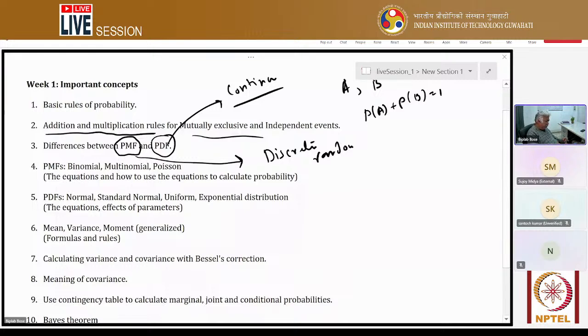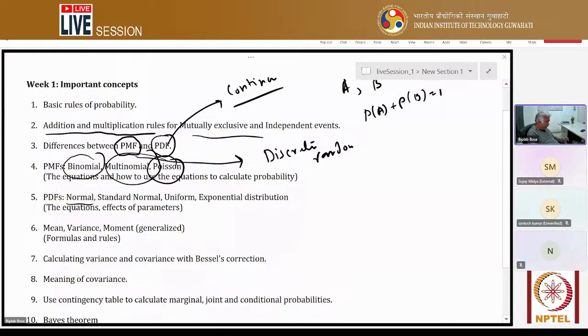And then you should know some of the PMFs and PDFs in your mind. Not all. There may be hundreds of PDFs and PMFs which are very well characterized. If you pick up a probability theory book, you'll get confused. You have so many things. You don't need all these things for our course. Just learn what is binomial, what is multinomial, and Poisson. We have discussed these three in the course.